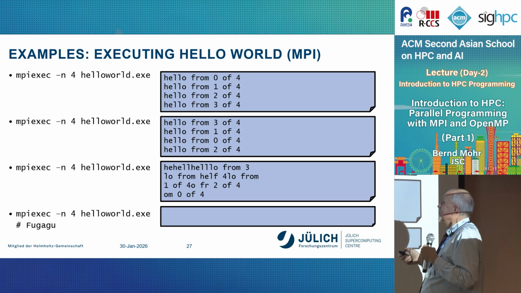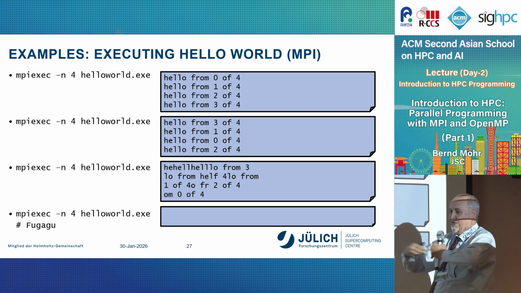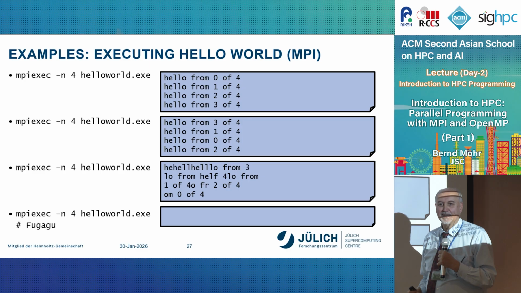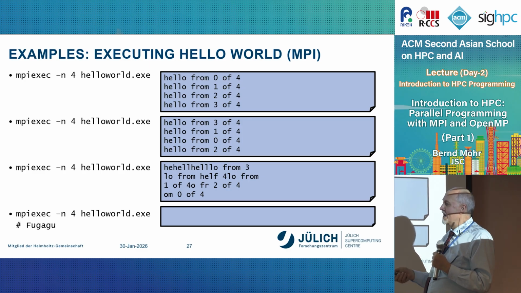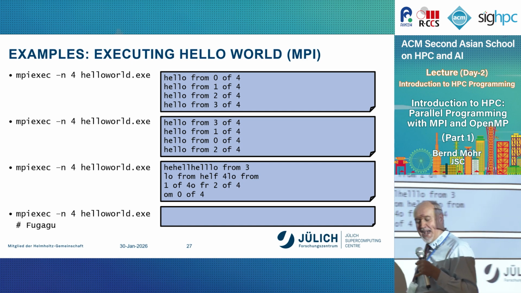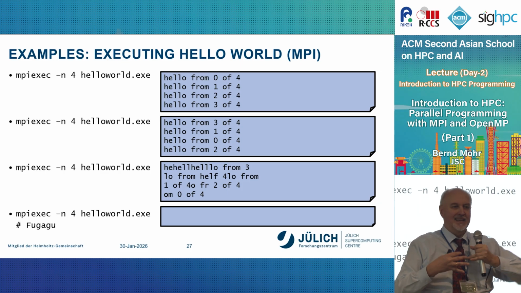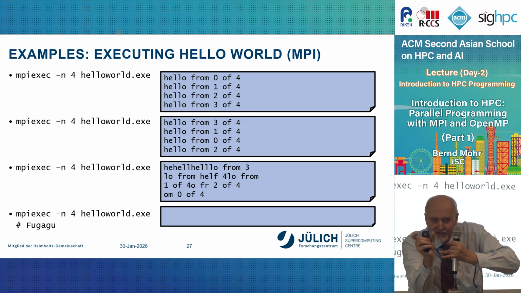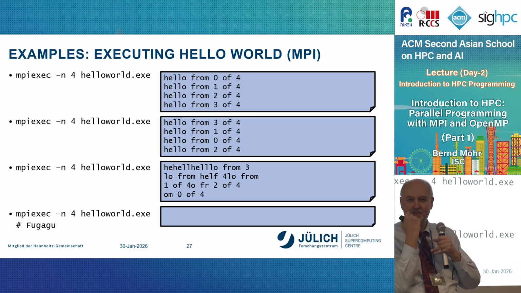Or what can also happen is, here you get nice lines, but on some systems you just get everything at once, kind of in a blob. And then it's even more interesting if you do the same thing on Fugaku, you don't get anything. Because on very large computers, there's this huge machine, and you cannot connect all these processors to your screen to route the output there.